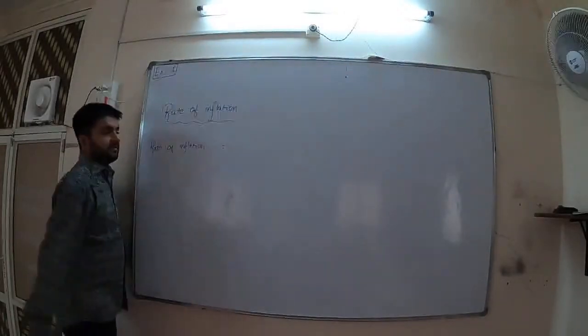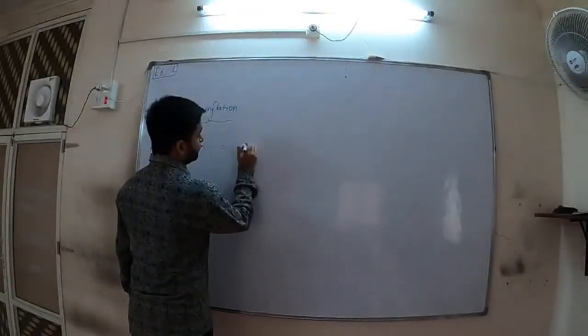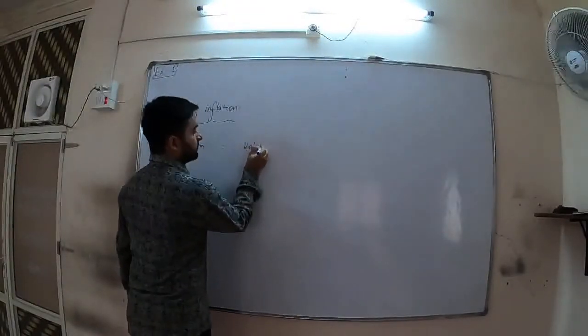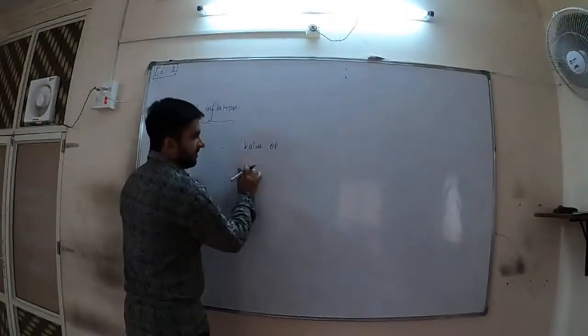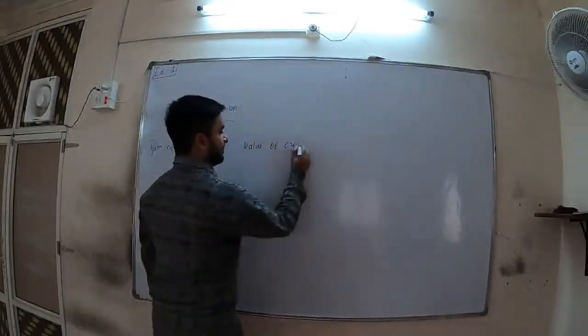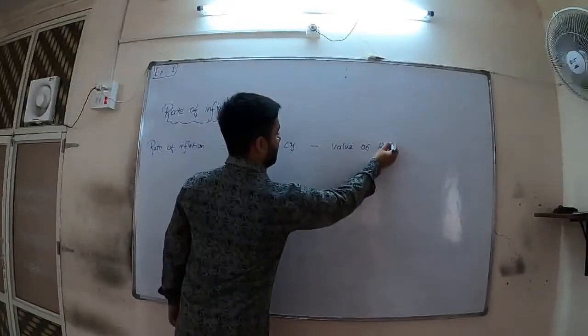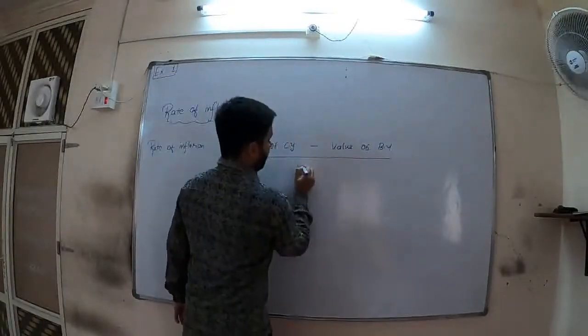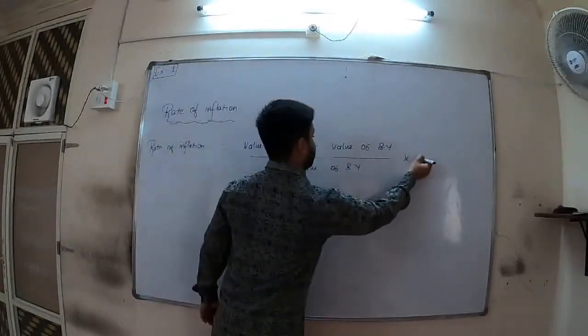Rate of inflation is equal to value. Value can be of price, quantity, anything. So I am just giving the value. Value of current year, CY means current year, minus value of base year divided by value of base year multiply 100.